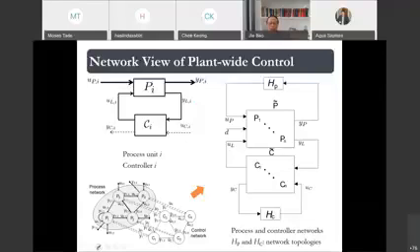In that way, the process network and the controller network can be represented using this control block diagram, where P1 to Pn are the models of each individual subsystem or process unit, and C1 to Cn are the models of each individual controller. Basically, both of them are block diagonal systems.